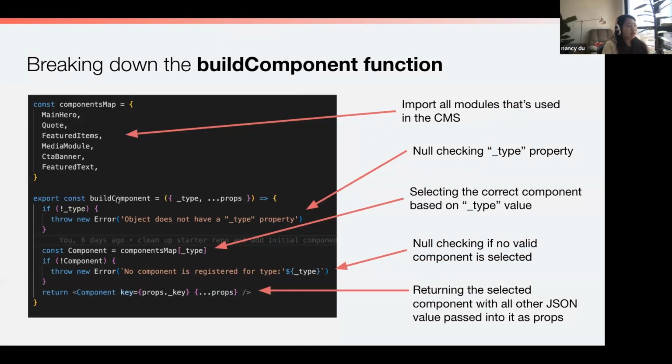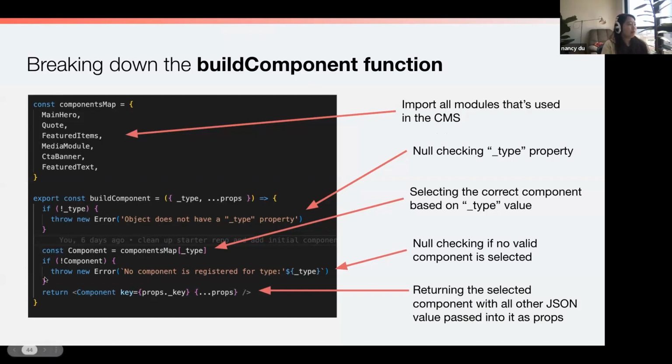And then as we get into the buildComponent function, you'll see that it's doing a couple of things. We've got a couple of null checks going on just to make sure that the data has the underscore type. If it does, we want to go ahead and select that component from our component map. By this point, we should have a valid component here.